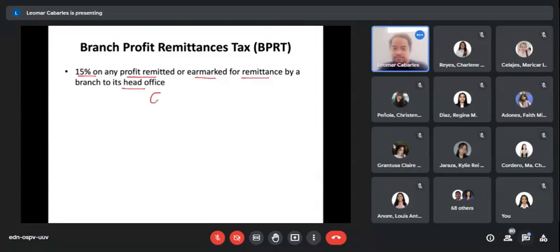Citibank is a global bank. Okay? I think sa US ang incorporation nito. Meron siyang branch in the Philippines.